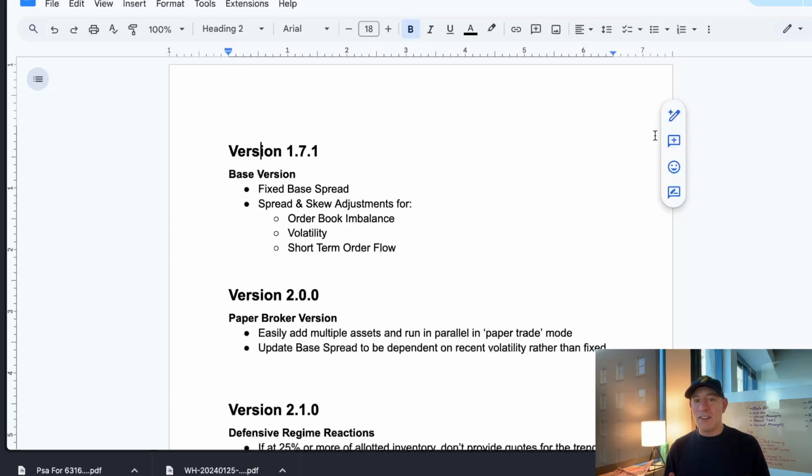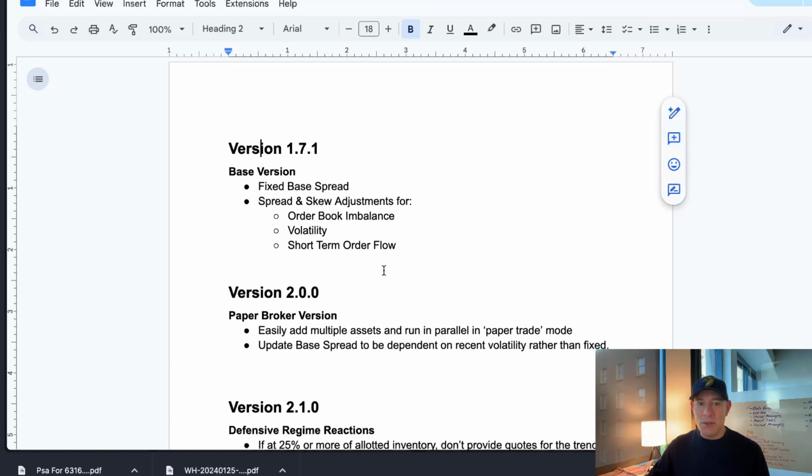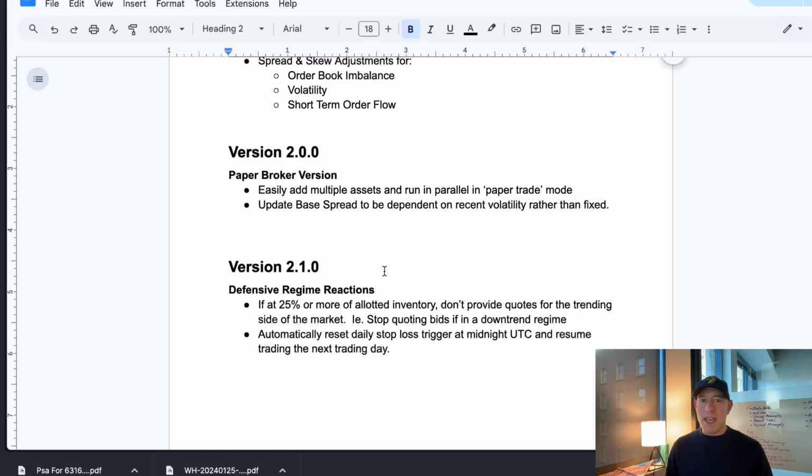And what I was seeing actually was that base spread was roughly 1.5% of the daily ATR, whereas the Ethereum base spread was a tiny fraction of the daily ATR. So what I decided to do in the next iteration, which is version 2 here, was to make that base spread dependent on the recent volatility rather than just having it be a fixed amount.